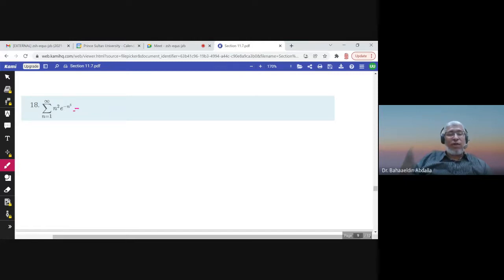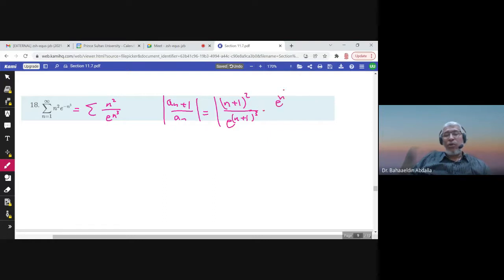And first I will write it as summation n square over e to the n cube. So an plus 1 over an would be n plus 1 square over e to the power n plus 1 cube times e to the n cube over n square.